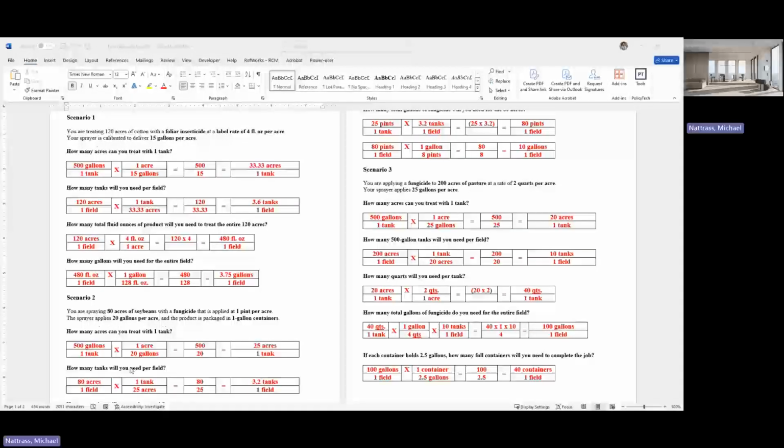Next, how many tanks will we need per field? We have 80 acres and 25 acres per tank. So 80 divided by 25 gives us about 3.2 tanks.